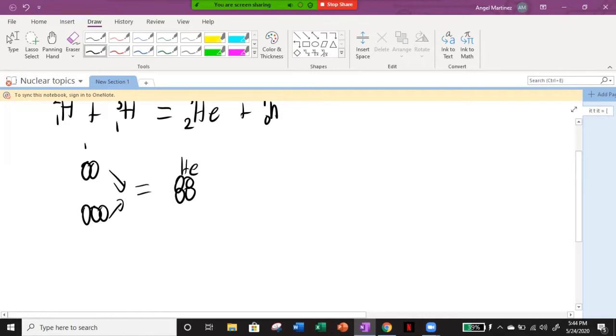So this is the helium, this is the H2 one, this is the H3 one, and we're left with an extra neutron. So these 2 are literally combined together, but leave another neutron. This is where the energy is released.